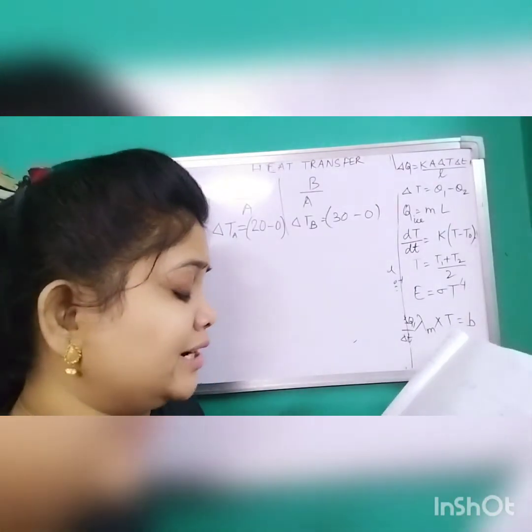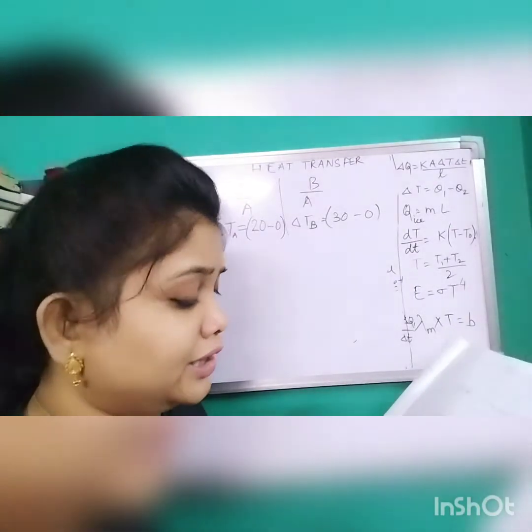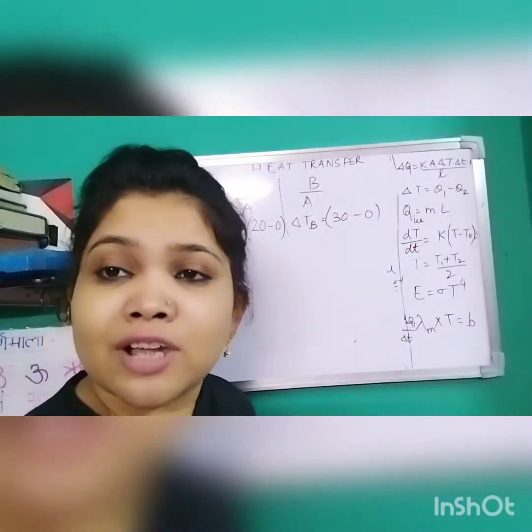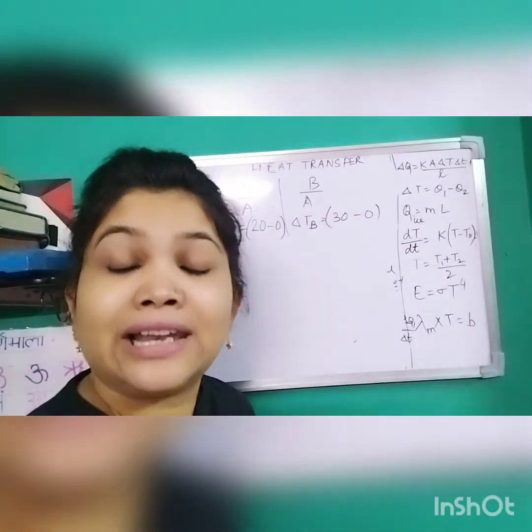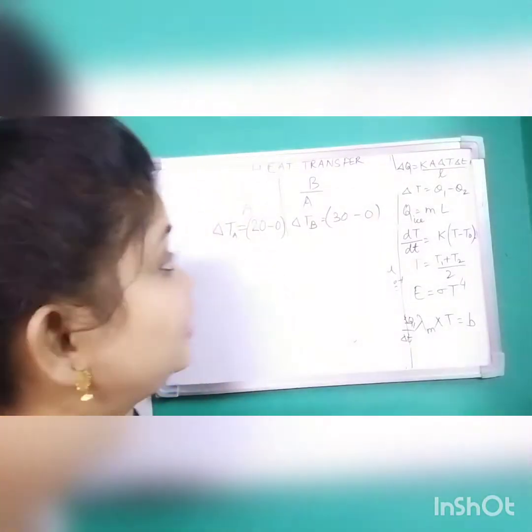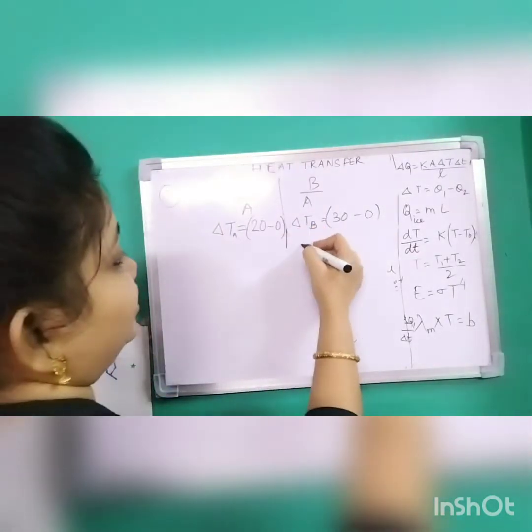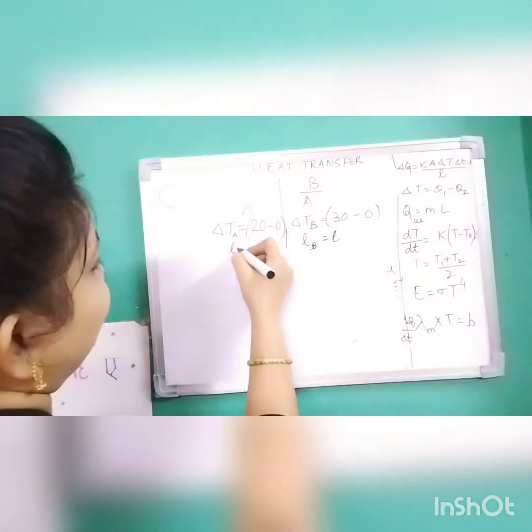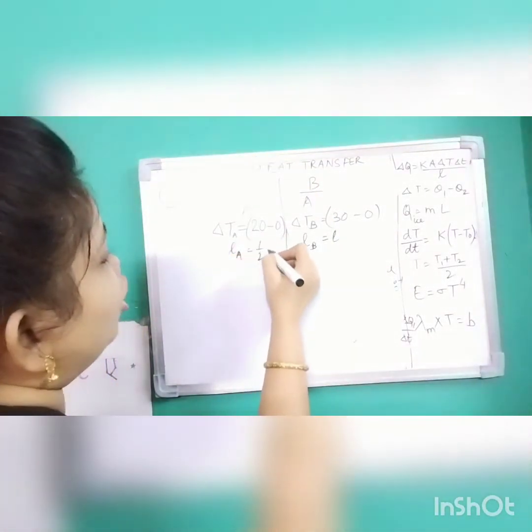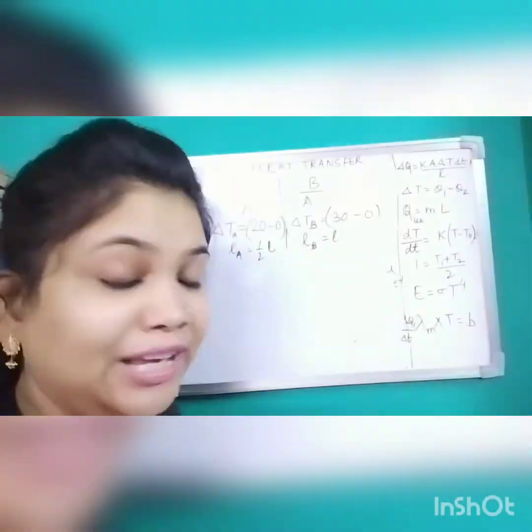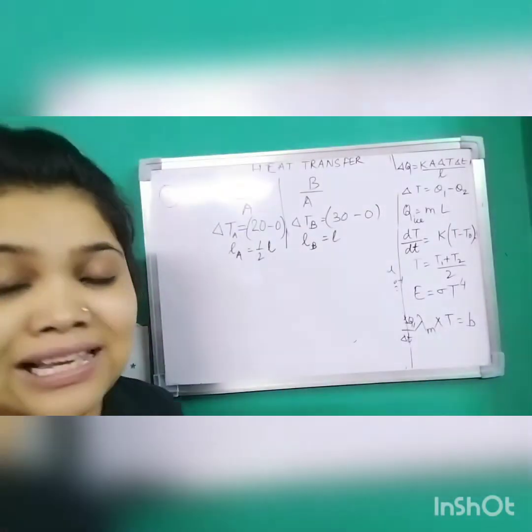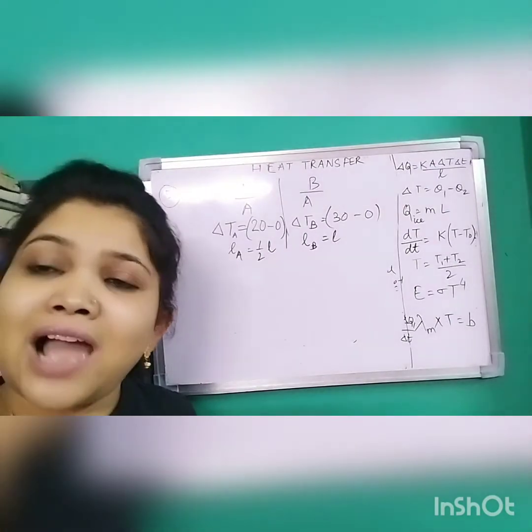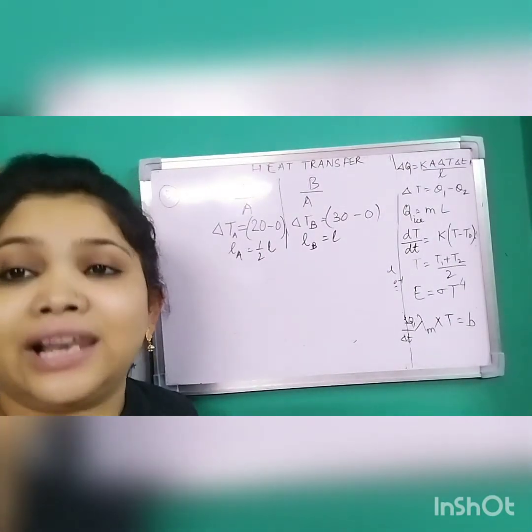In the first part they are telling the other two ends are at 20 and 30, and the length of A is half the length of B. If I take the length of B as L, then the length of A will be half L, because it is half the length.